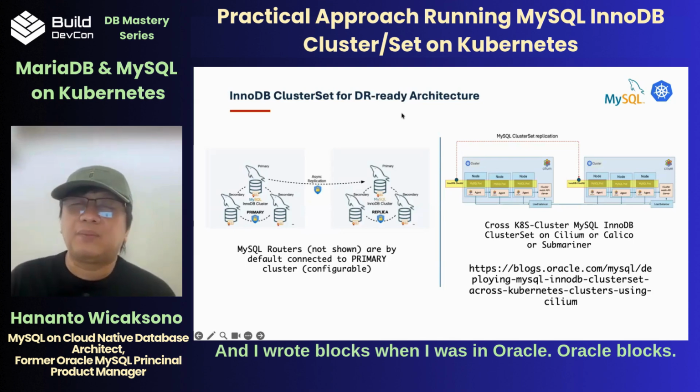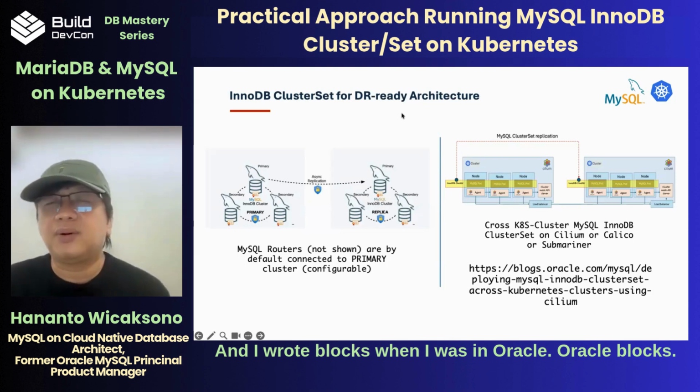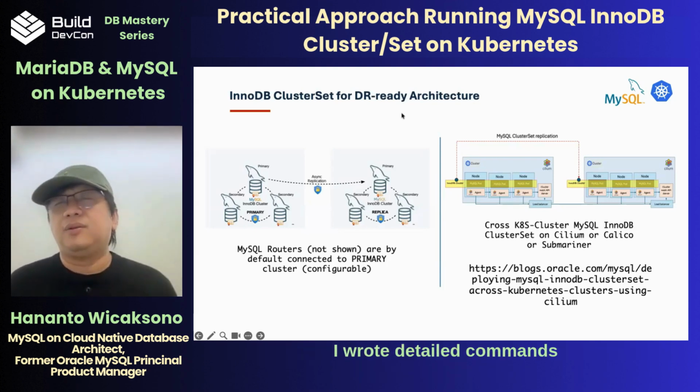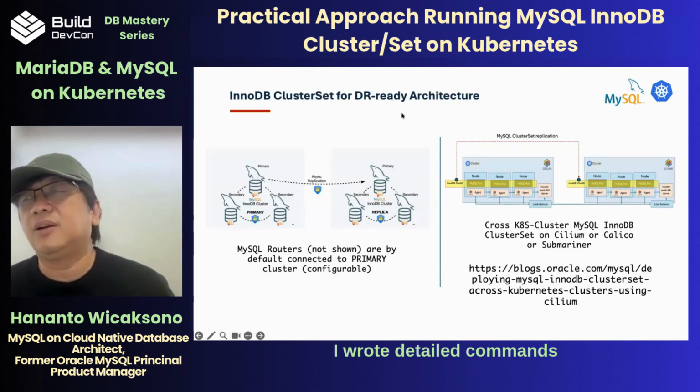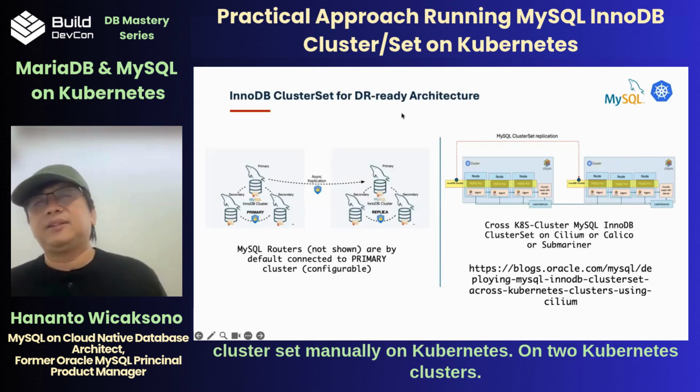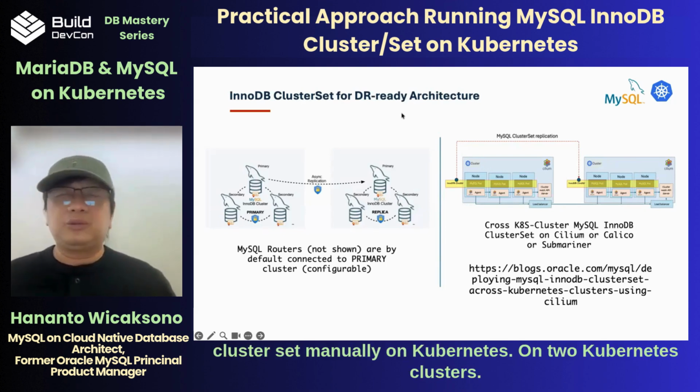I wrote blogs when I was at Oracle on how to deploy a MySQL InnoDB cluster set across Kubernetes clusters using Cilium, with detailed commands and step-by-step instructions to deploy an InnoDB cluster set manually on two Kubernetes clusters.